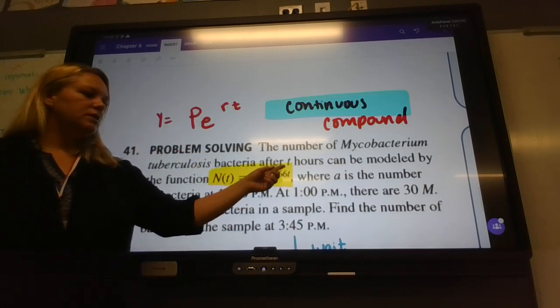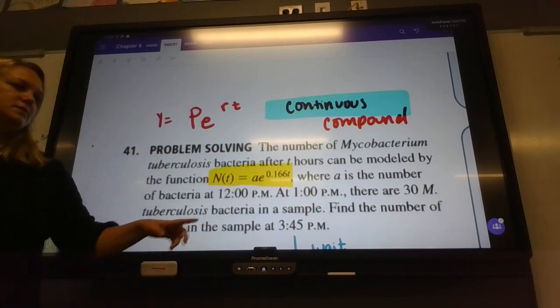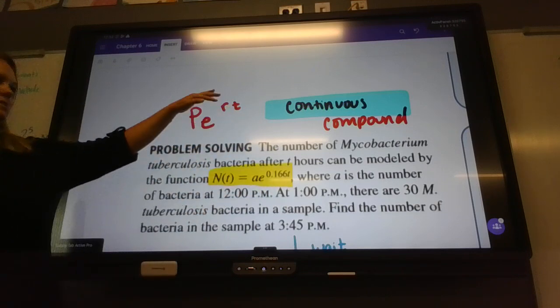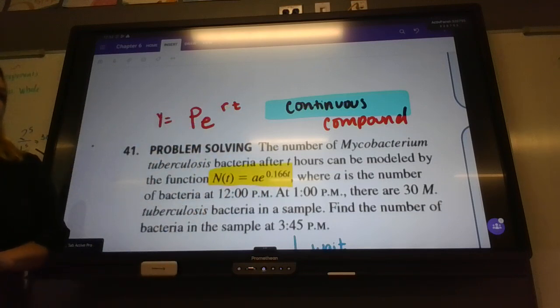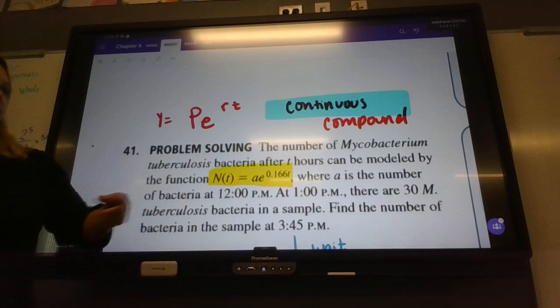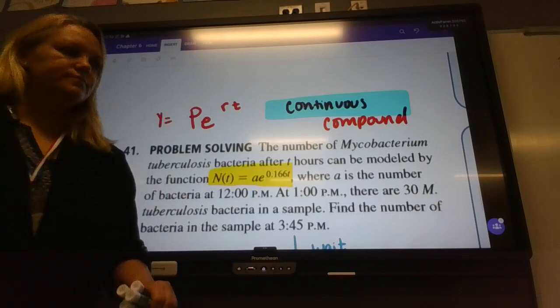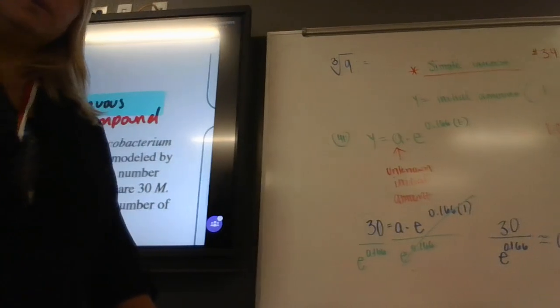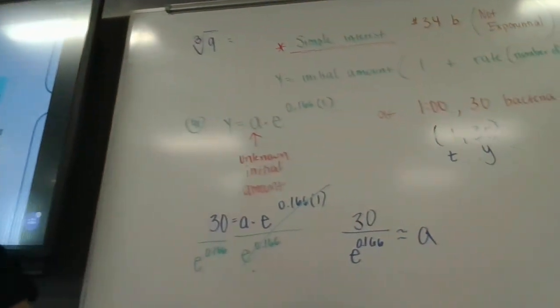This is the growth rate for this bacteria, 16% every hour. And then time. So this is just like the finance problem we did yesterday, written with N of t and A instead of y and t. Same thing. Anybody get a number yet in that calculator?